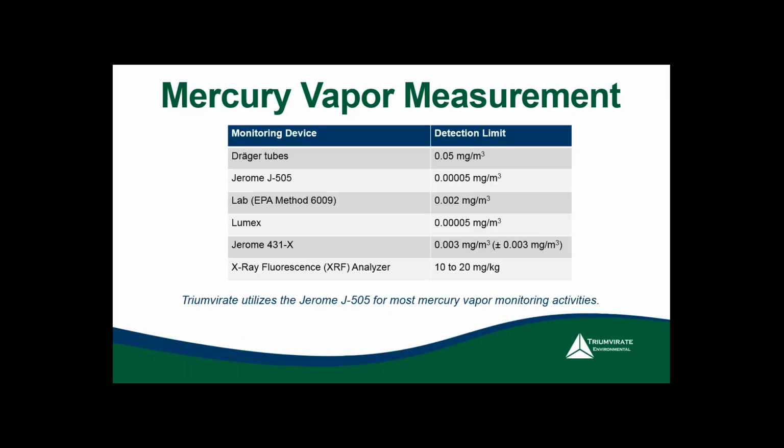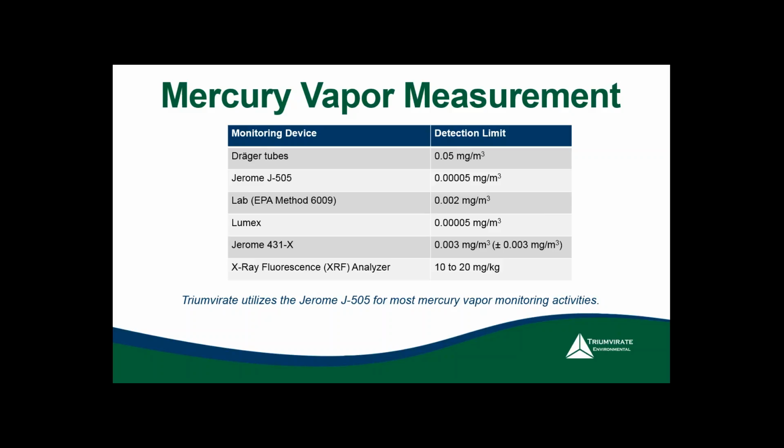This table, which I kept the units in milligrams per cubic meter to keep it simple, is to really illustrate the point of the detection limits for each one of these. So Draeger tubes have a detection limit of 0.05 milligrams per cubic meter, whereas something like the Jerome J505 can go down to 0.00005 milligrams per cubic meter.